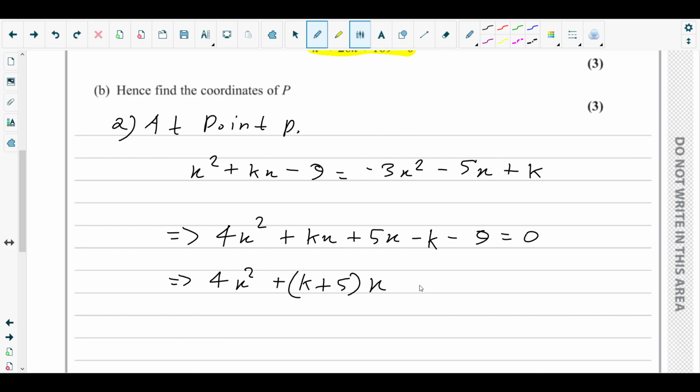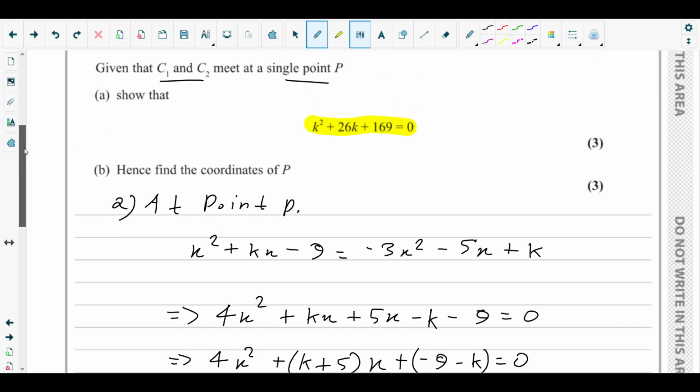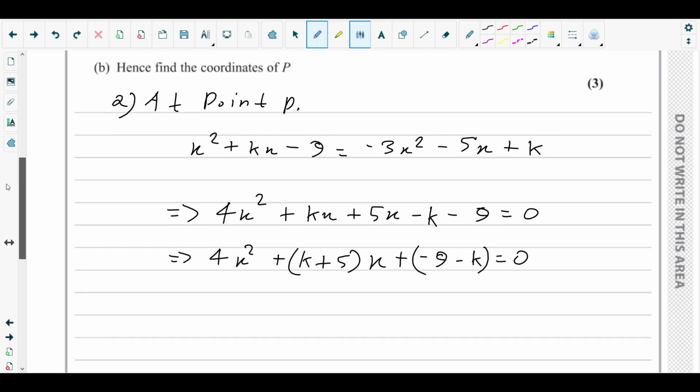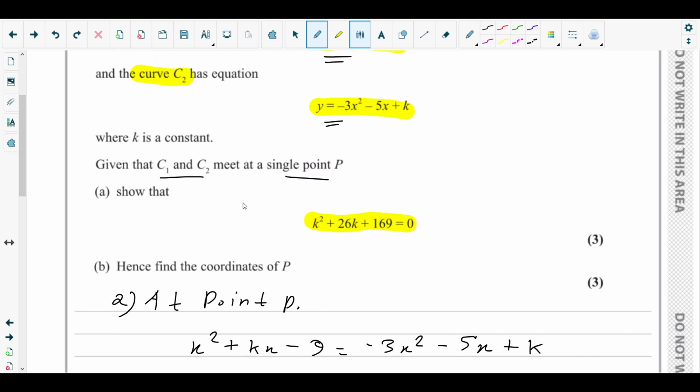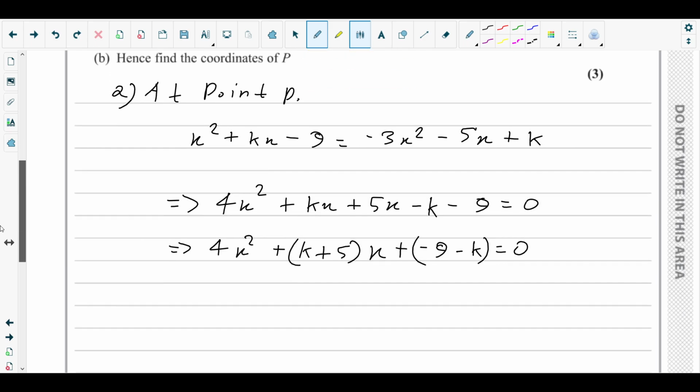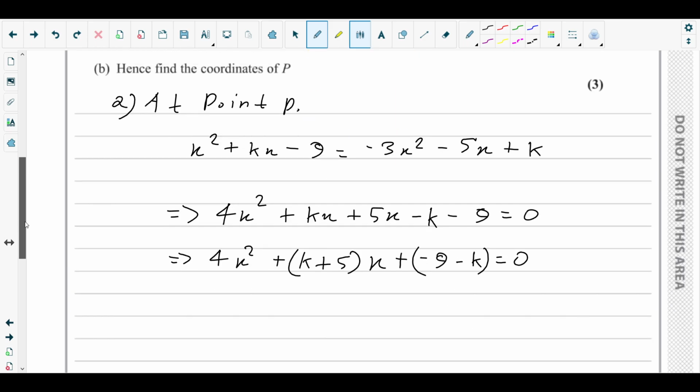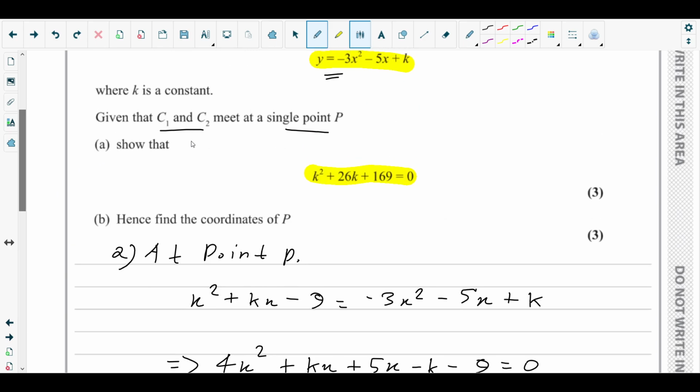And you can write here negative 9 minus k, equals 0. So we got a quadratic equation in the form ax squared plus bx plus c. Are we done? No, we are not done yet, because we haven't got the required equation yet.